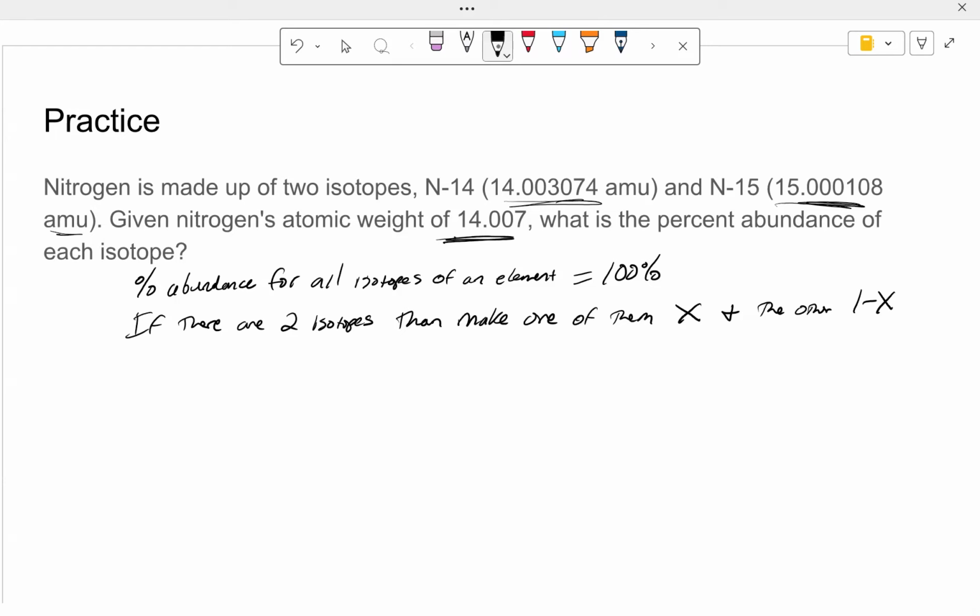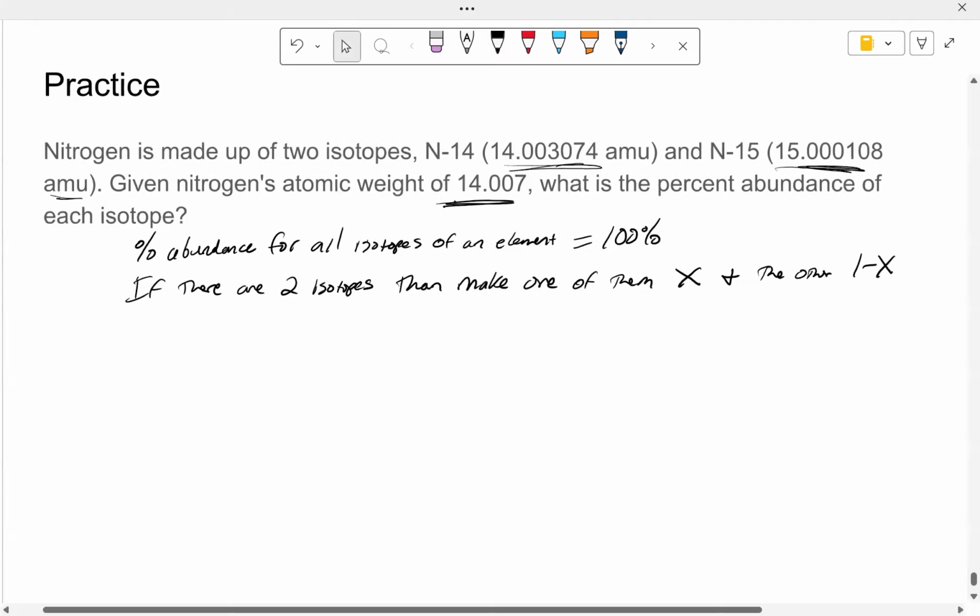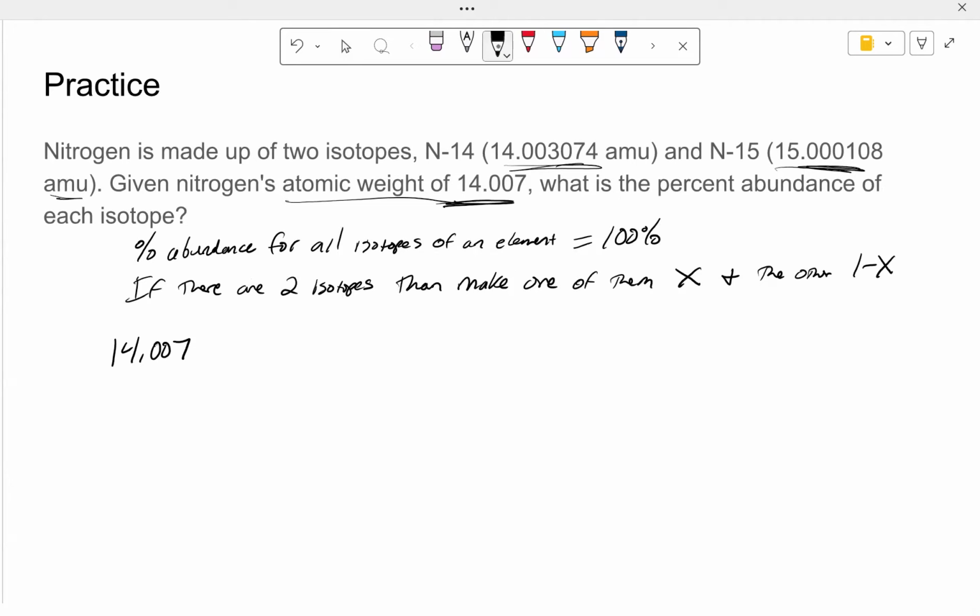It'll probably become clear once we start putting this into the equation. So I have the atomic weight here. I don't have to solve for that. That's given.